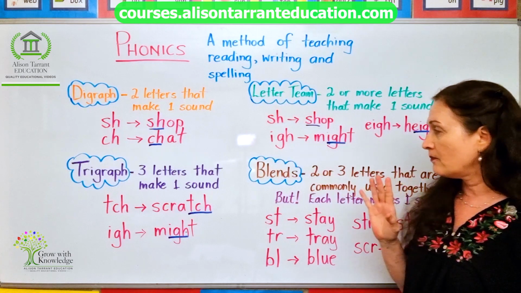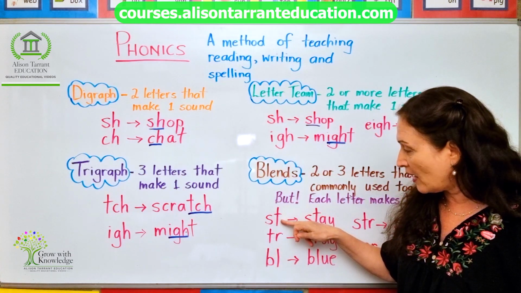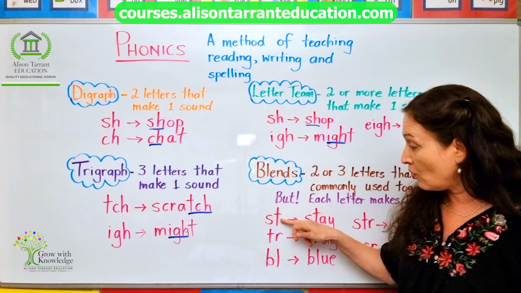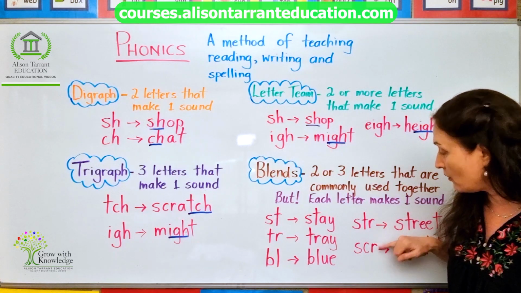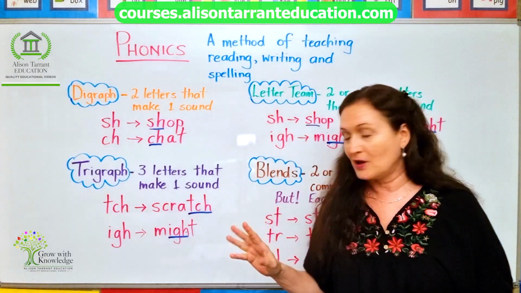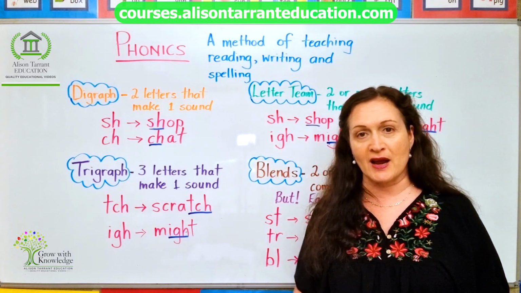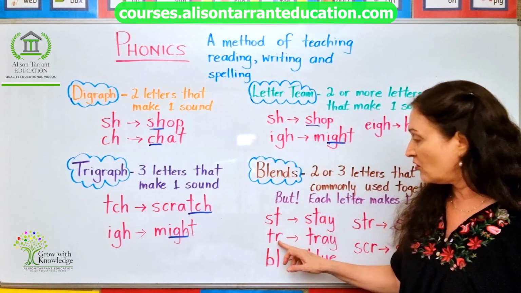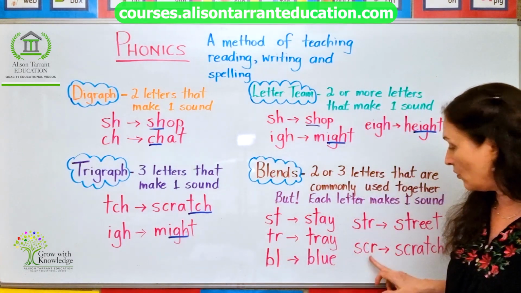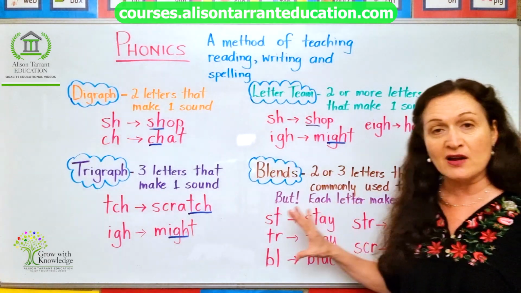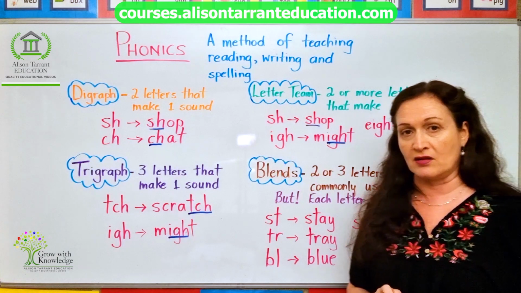And a lot of parents and children think that all these letters are digraphs and all these letters here are trigraphs, but they're not, because these 2 letters together don't make 1 sound. These 2 letters together don't make 1 sound, and so on and so on. They don't make 1 sound, they make 3 individual sounds or 2 individual sounds.